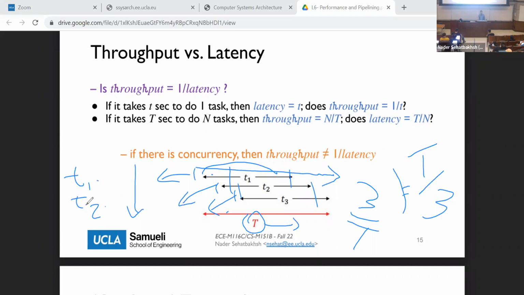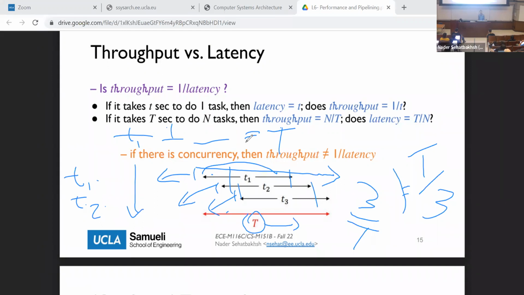So the question is, what if they're sequential? In that case, yes, you can say that throughput and latency are kind of the opposite of each other. Because if you add T1, T2, and T3, you will get T, right? So your latency in this case becomes the same thing.